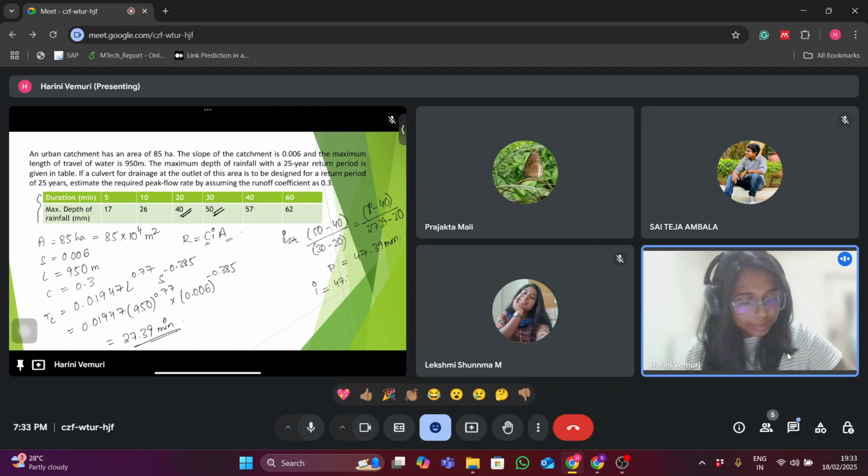So 47.39 into 10 power minus 3 by 27.39 minutes; to convert into seconds, we multiply by 60. That gives 2.88 into 10 power minus 5 meters per second.